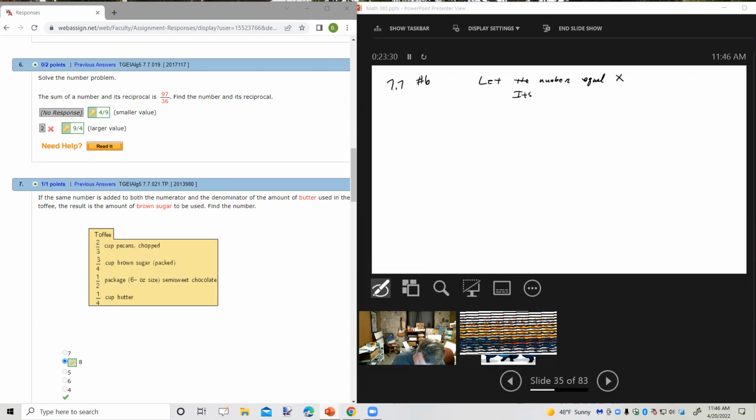So then its reciprocal would be 1 over x. So the sum of a number and its reciprocal is 97 over 36. There's our equation.